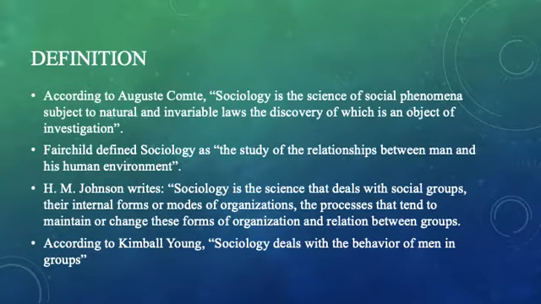Fairchild defines sociology as the study of relationships between man and his human environment. H. M. Johnson writes, sociology is the science that deals with social groups, their internal forms or modes of organization, the processes that tend to maintain or change these forms of organization, and relations between groups. According to Kimball Young, sociology deals with the behavior of man in groups.